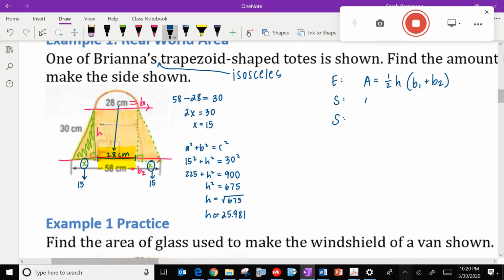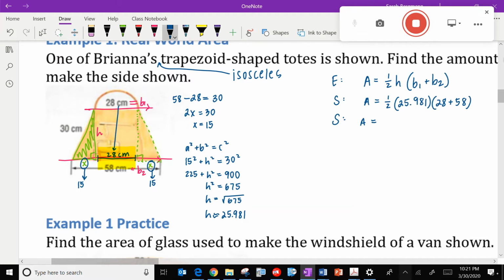Now we're ready to substitute in our formula. So the height is 25.981. Our bases we said are 28 and 58. Now to solve, all we have to do is do what we did on that sheet the other day where we were just plugging numbers into expressions.